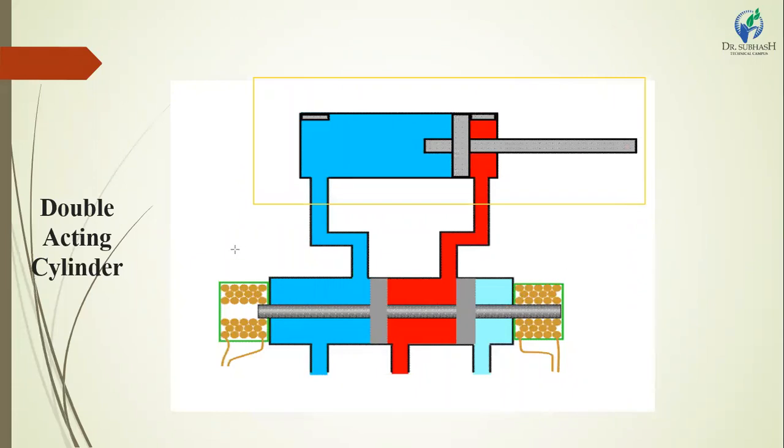Here this mechanism is a direction control valve, which gives the direction in which the working fluid passes. Here there are 1, 2 and 3 ports given, and for output 2 ports are given.